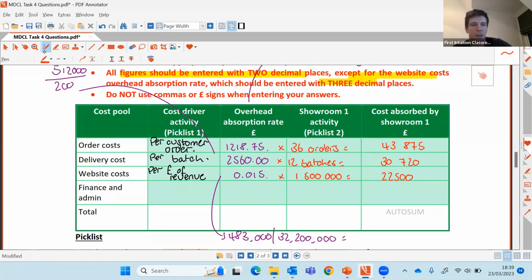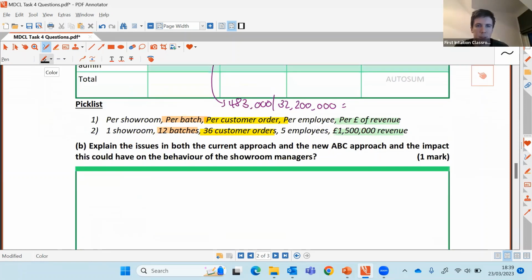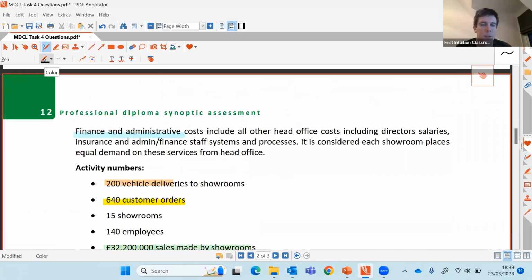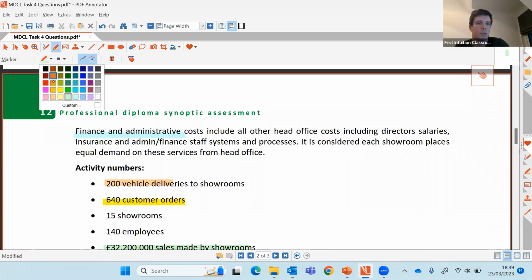And then finally, we've got finance and admin. Okay. And so coming back and looking at this, the information for this is at the top of page 12. It says finance and admin costs include all other head office costs. The second sentence that really helps us is considered each showroom places equal demand on these services from head office.